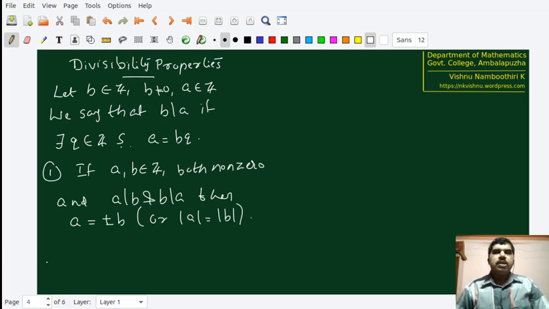So what we are saying here is that suppose that we have non-zero integers a and b, and if we have a dividing b and b dividing a at the same time, then we have absolute values of a and b the same, or a is equal to plus or minus b.